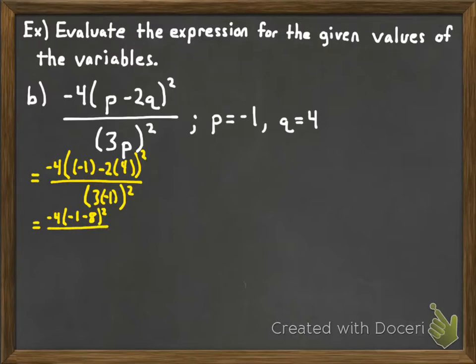Now, I mentioned to you earlier that division bars or fraction bars can be grouping symbols. We've got to finish everything on top and then everything on bottom and then do the division at the very end. All right. Anyway, so let's go ahead and take care of what's in the bottom part as well. That's separate from the top. We can go ahead and multiply 3 times -1. That's -3. And then let's go ahead and square -3. -3 times -3, of course, is positive 9.